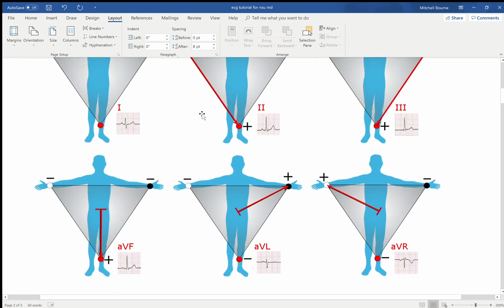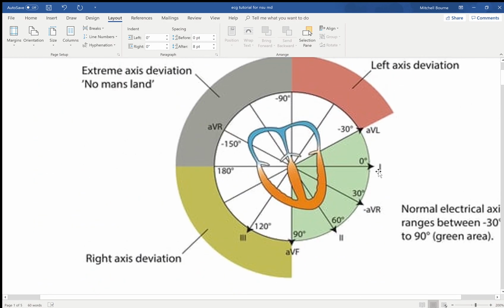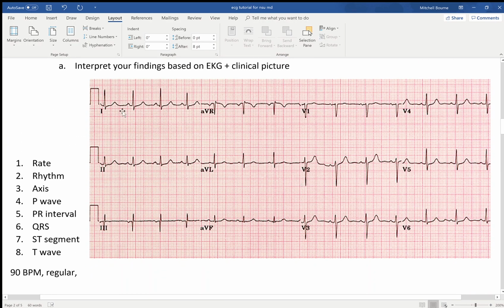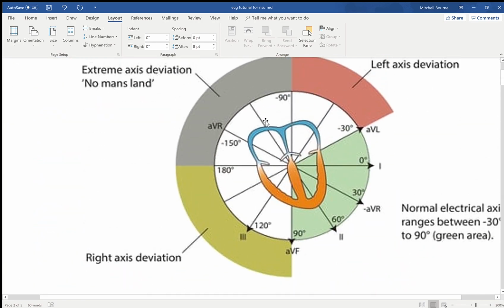So what that means is measuring from 1, the electrical activity is coming towards it, okay? So we know it's not going away from it. If it was going away from it, then the vector or the QRS would be negative. But in lead 1, it's all positive. It's a tiny bit of negative at the end. So we know that it's generally going to be on this half of the circle, okay?